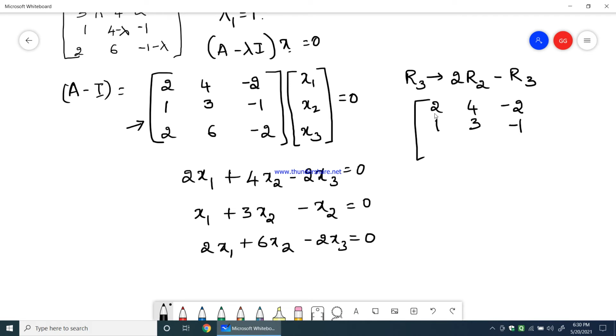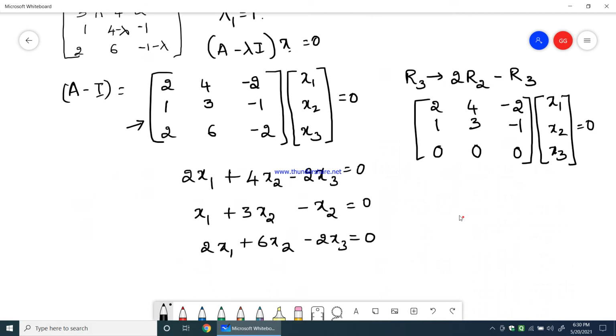Now 2 times R2 is 2 into 1, minus 2, which is 0. 2 into 3, 6 minus 6 is again 0. 2 into minus 1 is minus 2, minus of minus 2 is plus 2. So minus 2 plus 2 is again 0. So I got the third row to be 0, 0, 0 into x1, x2, x3 equals 0. Now the third row is completely 0.